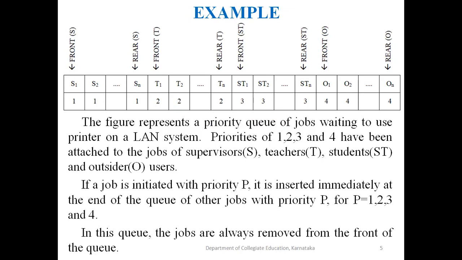The jobs in the second queue, that is the teacher's queue, are sent to the printer only when the first queue, that is the supervisor's queue, becomes empty. Similarly, the student's queue, that is the third queue, gets initiated only when the jobs in the first and the second queue become zero, and so on.